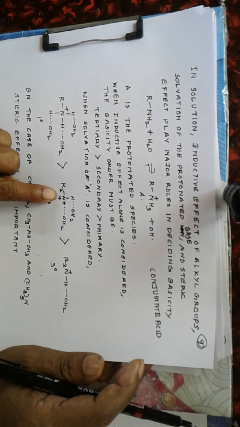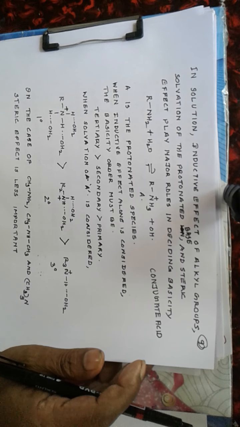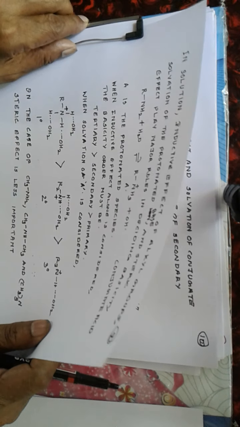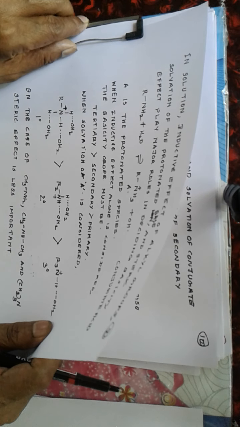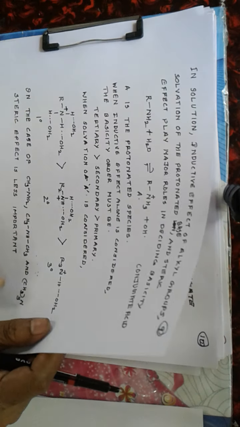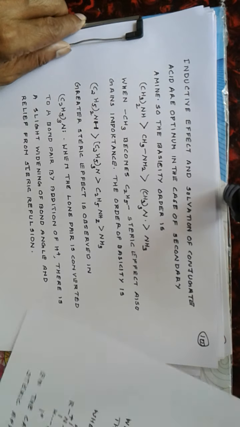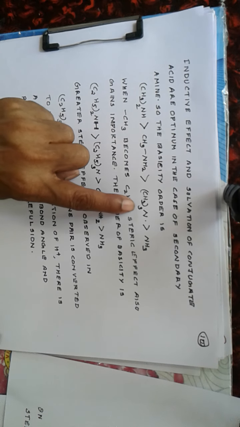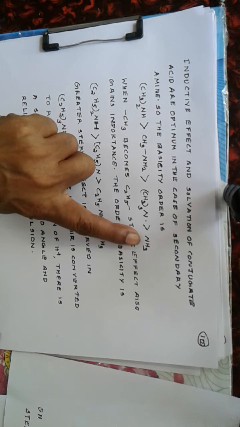The secondary amine has an optimum value of solvation and inductive effect, so that in the case of methylamine, dimethylamine and trimethylamine, the order of basicity is dimethylamine greater than methylamine greater than trimethylamine and ammonia.